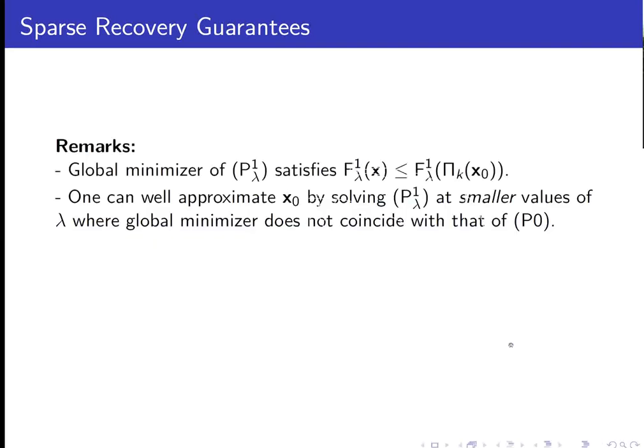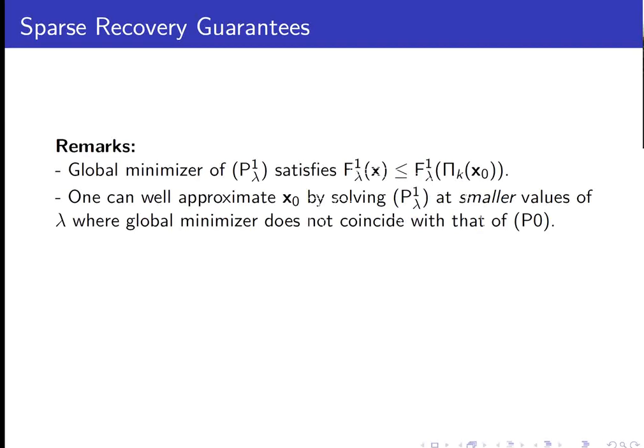And the bottom line from this theorem is that you can well approximate your original vector x0 by solving these Trim Lasso objectives. The key point is that you can do it at values of lambda which are smaller than those where the global minimizer was k-sparse.